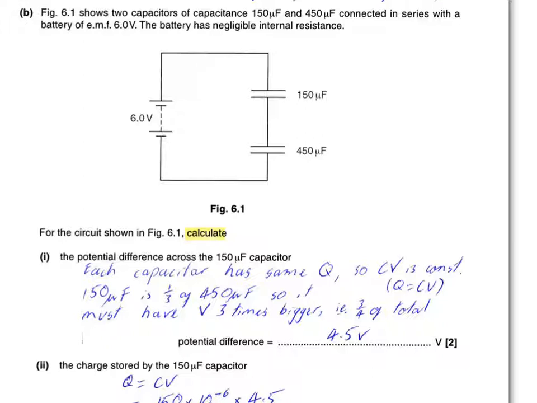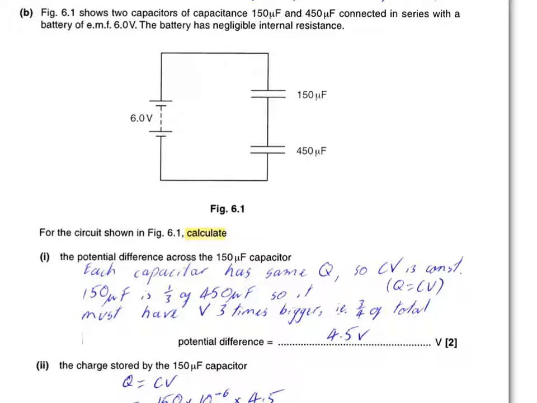Now, because just looking at the numbers, 150 is a third of 450, then the PD on that must be 3 times the PD on the 450. So the 150 must have a PD that's 3 times bigger. We also know that those PDs have got to add up to 6 volts.